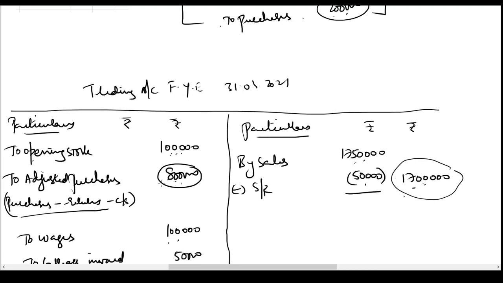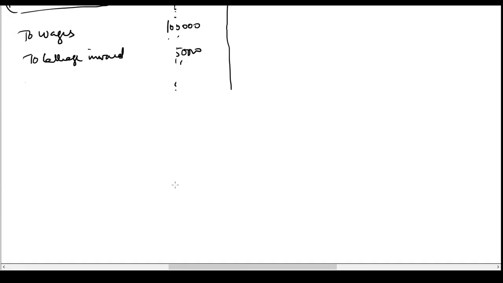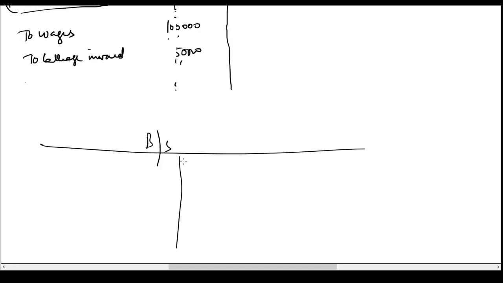This amount is after subtracting that closing stock value. So it is not to be shown in the trading account. It has already been subtracted from the gross purchases. It will be shown only in the balance sheet asset side. So I'll show the closing stock in the balance sheet asset side. I'll write closing stock 2 lakh.